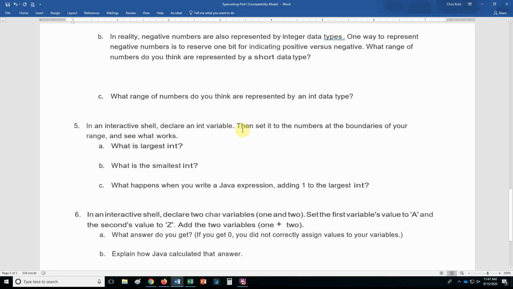And the largest integer that you can have, based on using 4 bytes, with half of them being negative and half of them being positive, that's the number that goes here. The smallest integer value is going to be the negative end of that range. So the range of numbers on 4C is going to be the answer to A and B here. This A will be the positive number and B will be the negative number that you had in 4C.